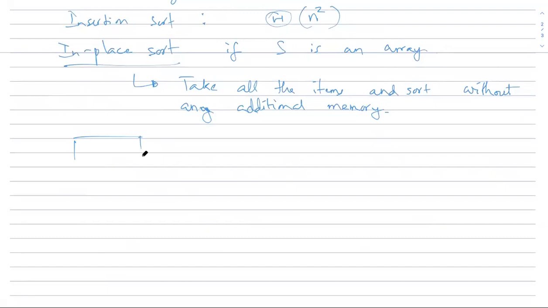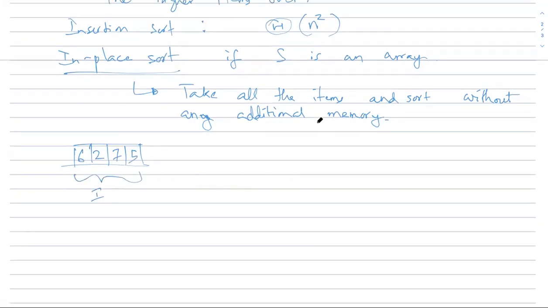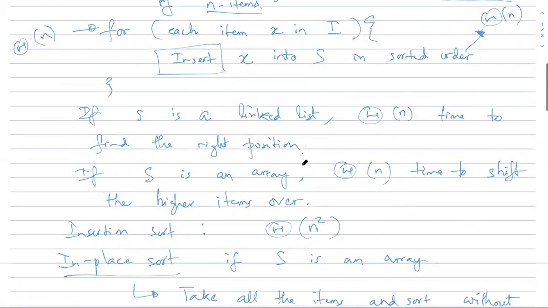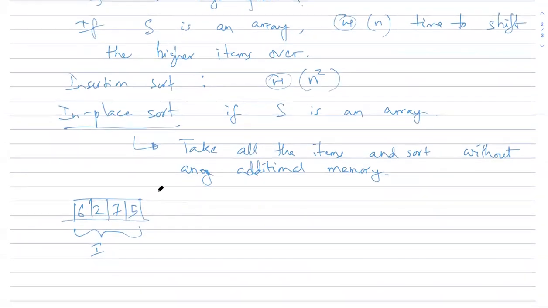So let's take an example. Suppose I have 6, 2, 7, 5. So we begin with I. So I is the unsorted list. And initially the S part is empty.